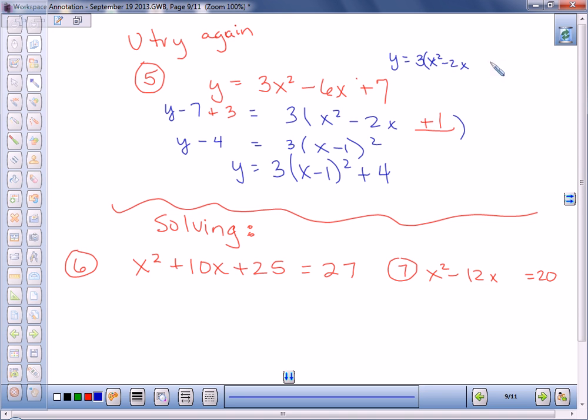Whatever this is, you do the opposite here to keep it at 0. Why do you have 3? Because when you add the 1 to make it a perfect square trinomial, it's really 3 times 1. Why do you add a 1? To make it a perfect square trinomial.